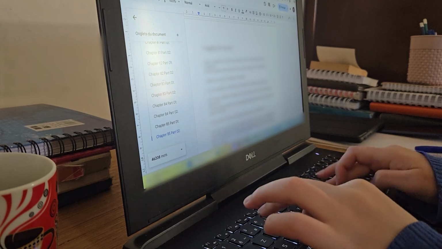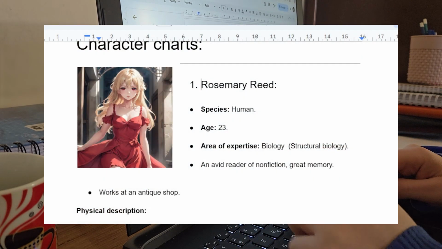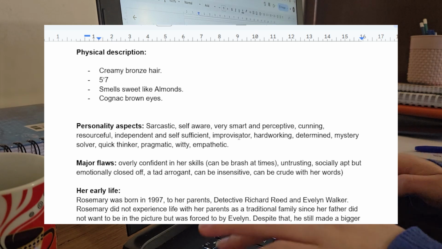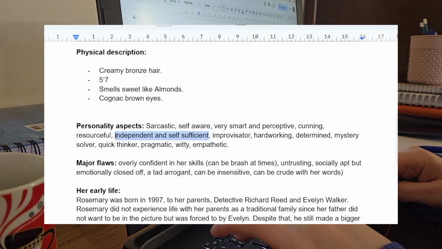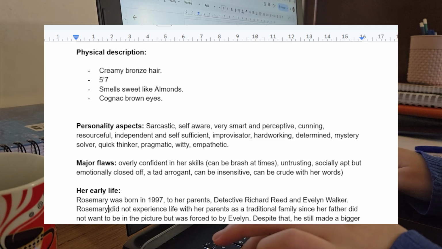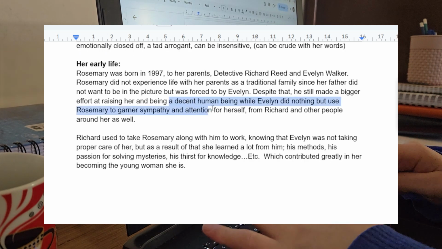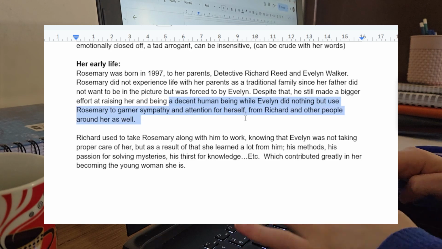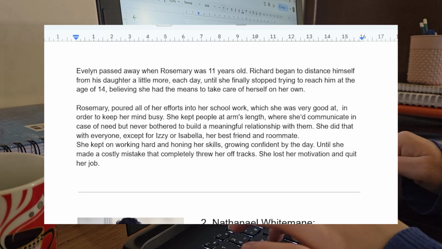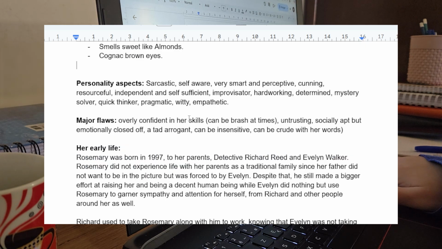For example, in my other story, the main female character, Rosemary, is quite independent since she's lived, I wouldn't say completely on her own, but still, she had a complicated relationship with both of her parents, both for drastically different reasons, and she essentially moved out at the age of 14. She was taught to take care of herself and face life.